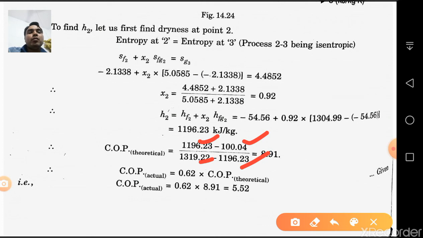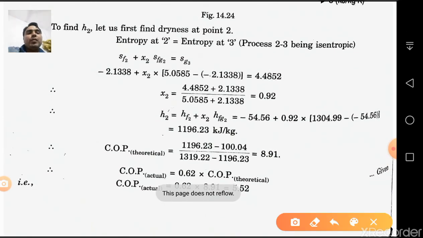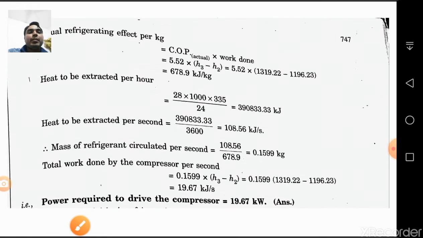Put in these values of enthalpy and find the value of theoretical COP. And actual COP is the theoretical COP multiplied by the relative efficiency that is given in the question, and this is the actual COP of the system.